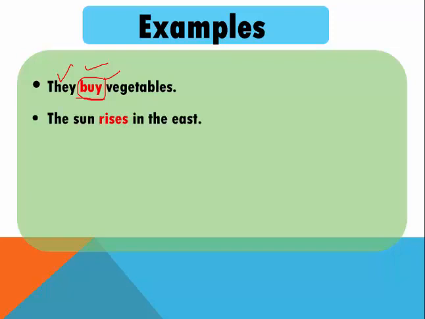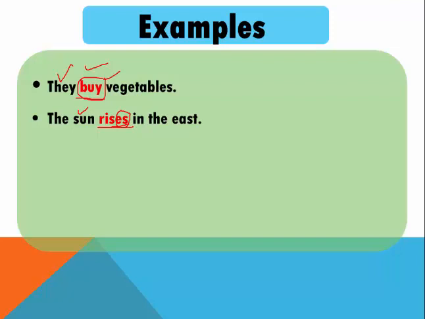Now we'll take the next example, and this is the sun rises in the east. So this is a singular verb. I said if you add s or es, that becomes singular. So the sun rises, because sun is singular, so it takes rises.